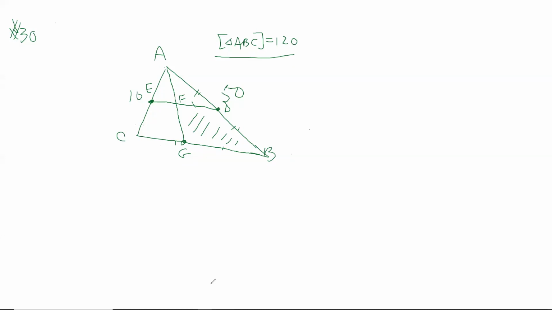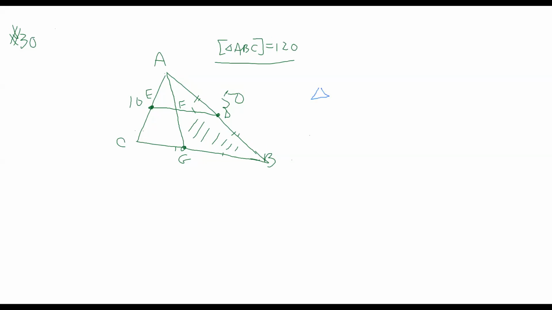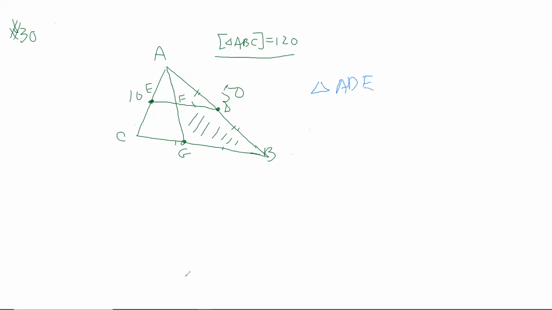So one thing we can note is that triangle ADE is going to be similar to triangle ABC. The reason is that since D and E are midpoints, this side has length 25 and this side has length 10.